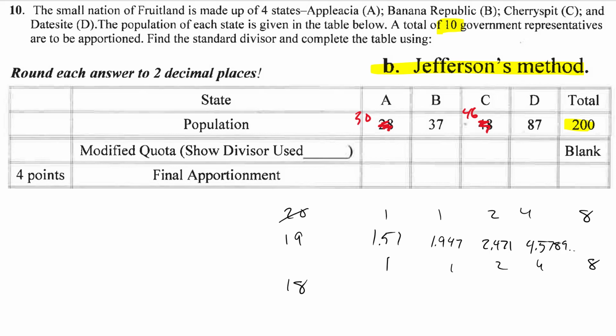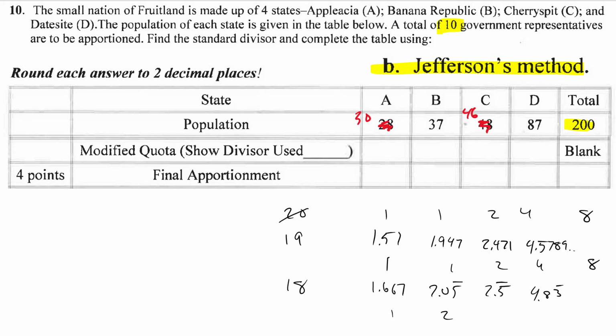So I'm going to try 18, and that gives me 1.667 repeating, so that's 30 divided by 18. Then 37 divided by 18 gives me something like 2.05 repeating, and 46 divided by 18 gives me 2.5 repeating, and 87 divided by 18 gives me 4.83 repeating.